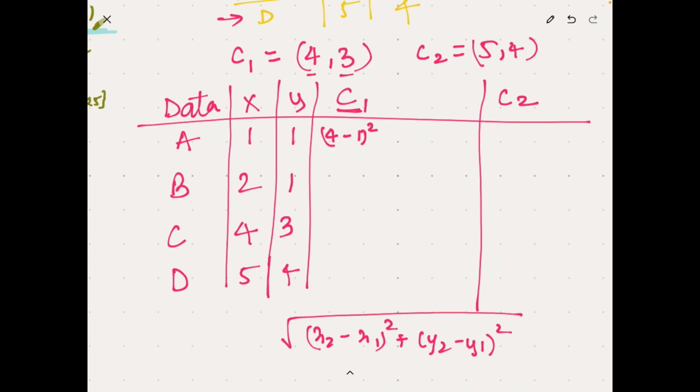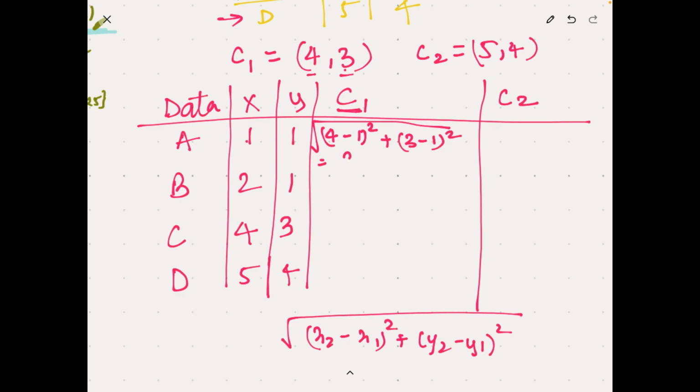You can consider it as x1 also. It would not make much difference because we are just taking the square here. So that would be 4 minus 1 the whole square plus 3 minus 1 the whole square. This gives us 3 square, which is 9, plus 2 square, which is 4. So 9 plus 4 is 13. The root of 13 comes out to be 3.6.